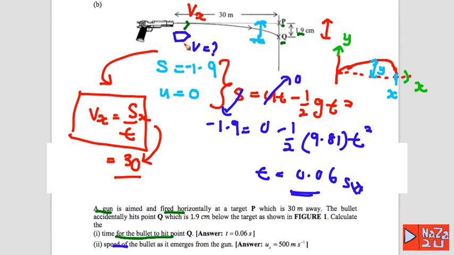The time taken for the bullet to move to the end position is 0.06. So this is equal to 500 meters per second. Thank you.